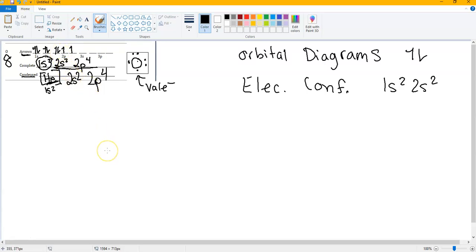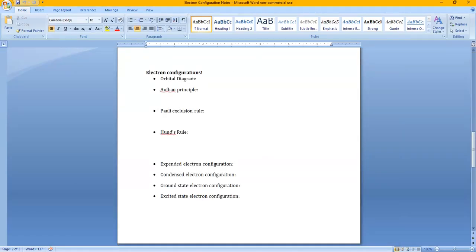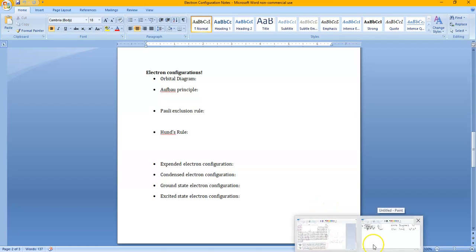So you're never going to have 2 orbitals that are full and 1 empty, because they're always going to spread out. That's Hund's rule. Alright, so we talked about expanded and condensed. Let's go over ground state and excited state.